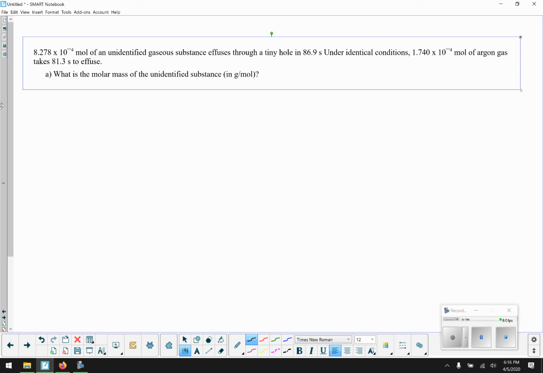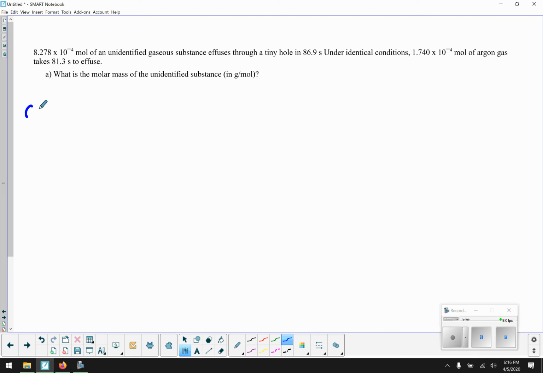So we've got 8.278 times 10 to the negative fourth moles of an unidentified gas that effuses through a tiny hole in 86.9 seconds. So that's a rate, moles per second. So I'm just going to write that.